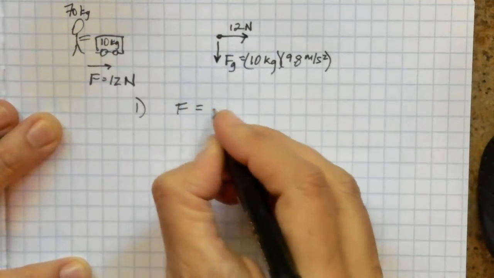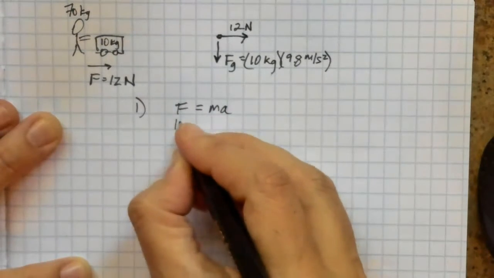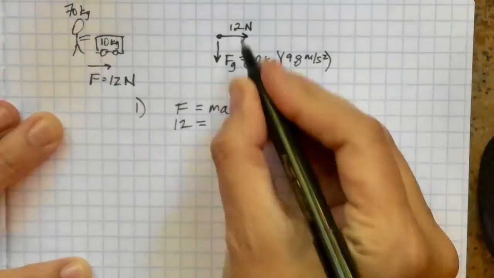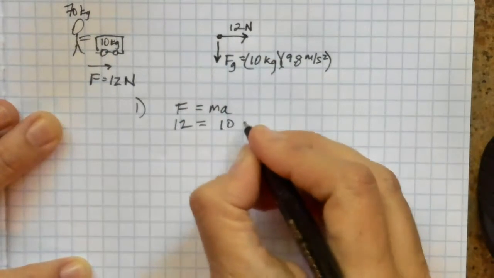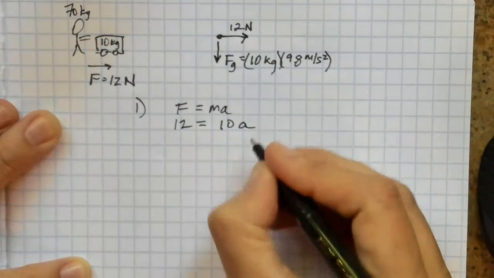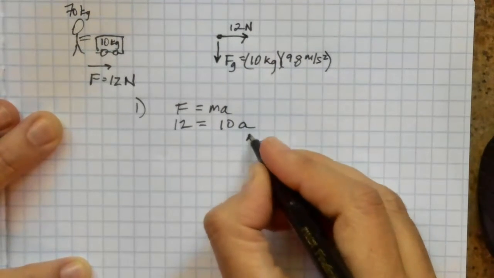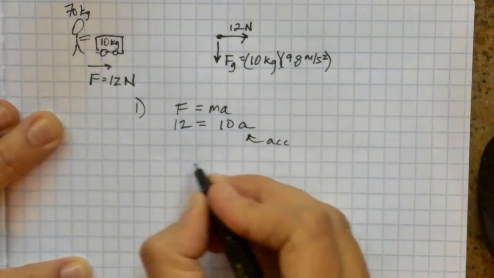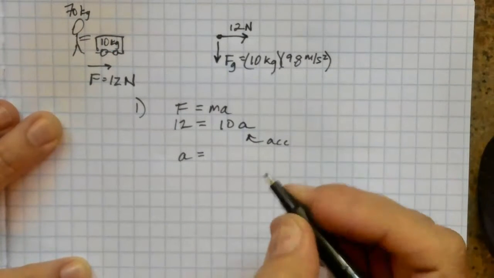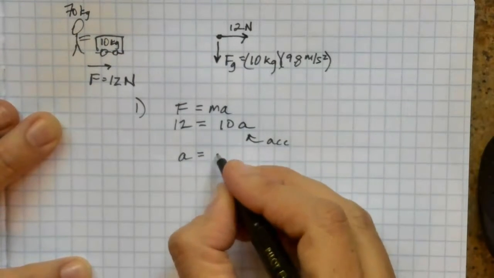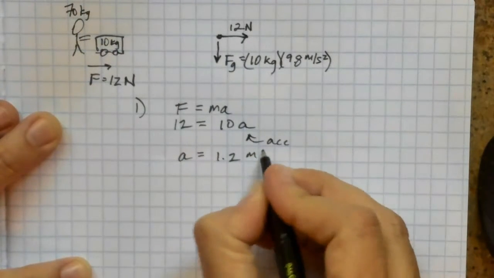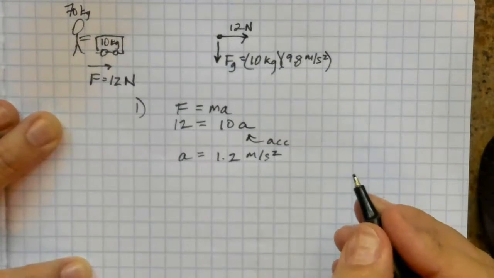So F equals ma. The force being applied is 12 newtons. The mass is 10 kilograms, and we're looking for the acceleration. So solving for a, I get 12 divided by 10, 1.2 meters per second squared.